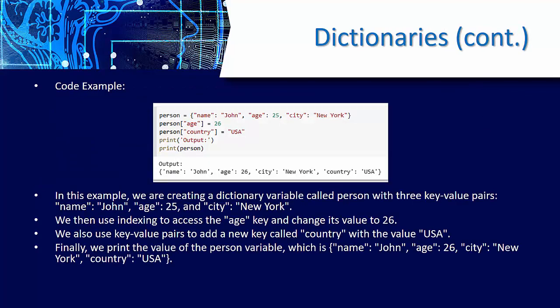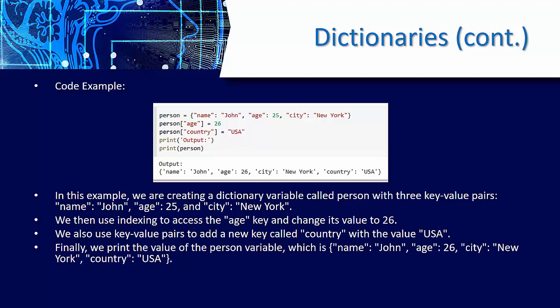Okay, let's look at a code example for dictionaries. In this example, we are creating a dictionary variable called person with 3 key value pairs: name, age and city. We then use indexing to access the age key and change its value to 26.